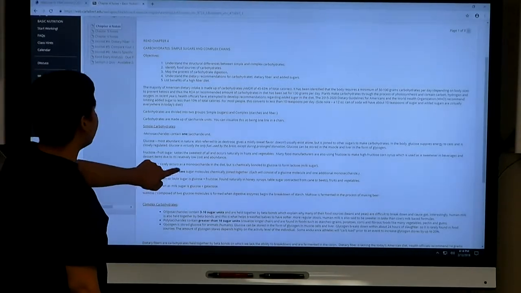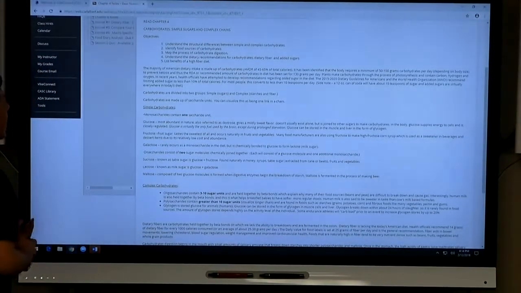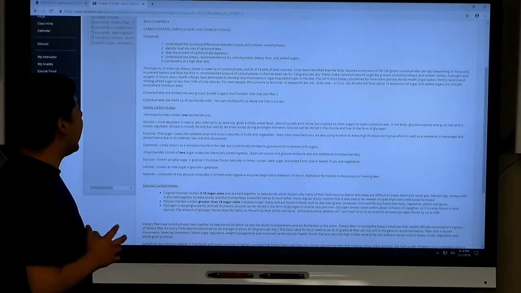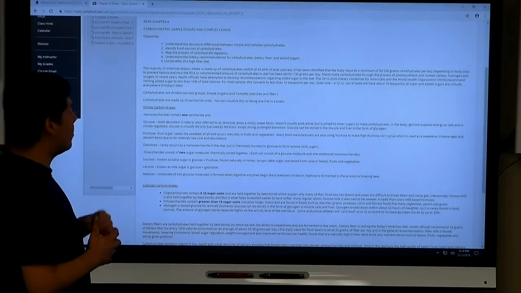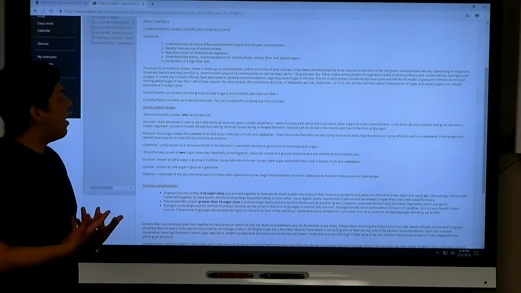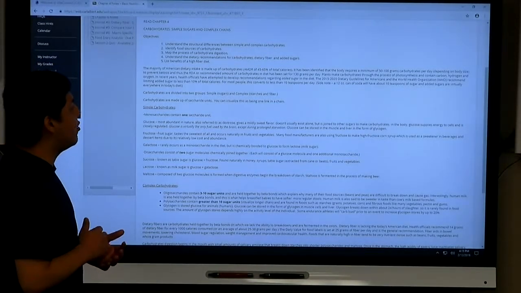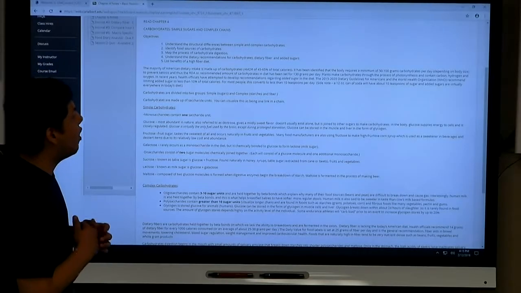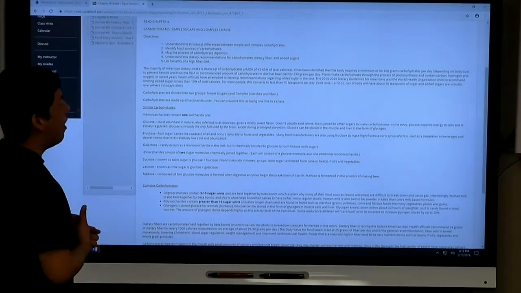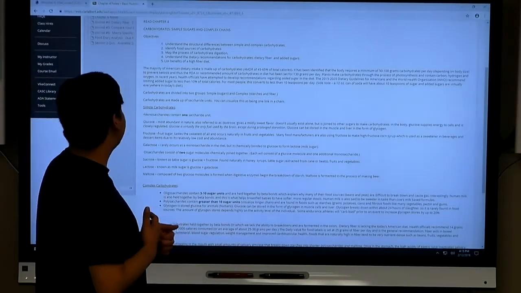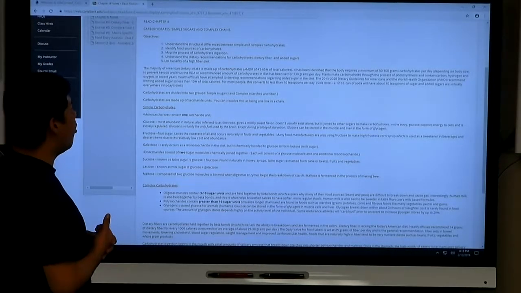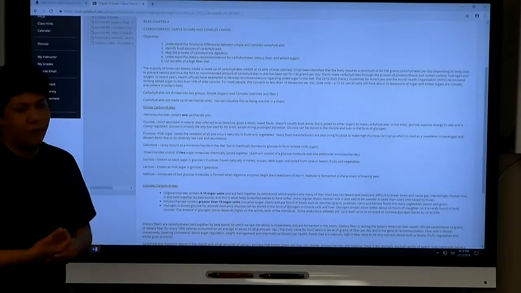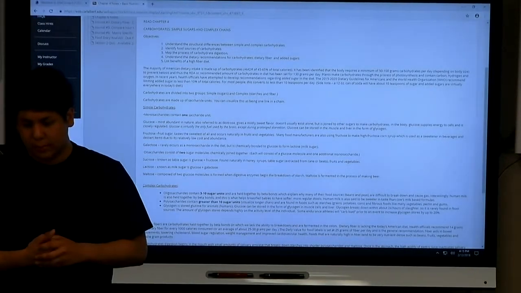Sorry. The majority of American dietary intake is made up of carbohydrates, AMDR of 45 through 65% of total calories. It has been identified that the body requires a minimum of 50 through 100 grams of carbohydrates per day, depending on body size, to prevent ketosis, and thus the RDA, or recommended amount of carbohydrates in diet, has been set at 130 grams.